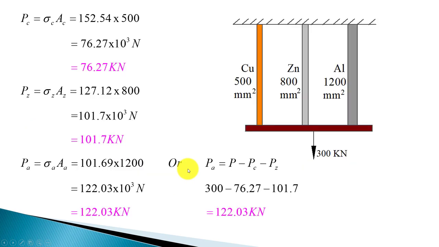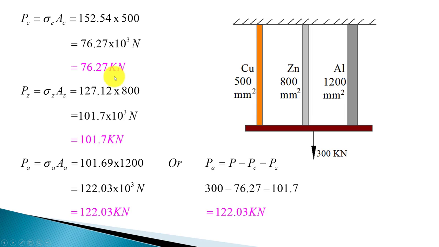Now you can find out the load shared by each material. The load shared by copper is sigma C AC, and we know the stress in copper, and the area is also known. You can multiply that, which will give the load taken by the copper rod. So that will give 76.27 into 10 raised to 3 Newton, or 76.27 kilonewton.